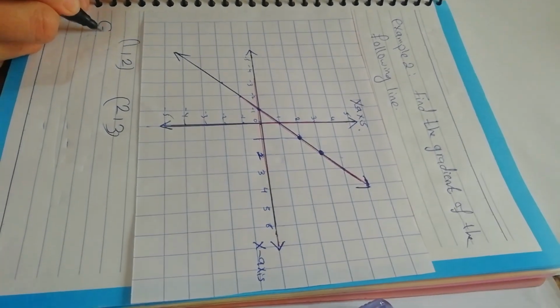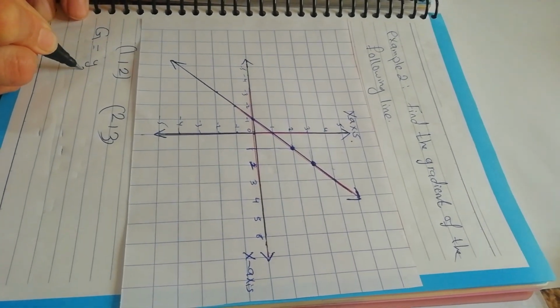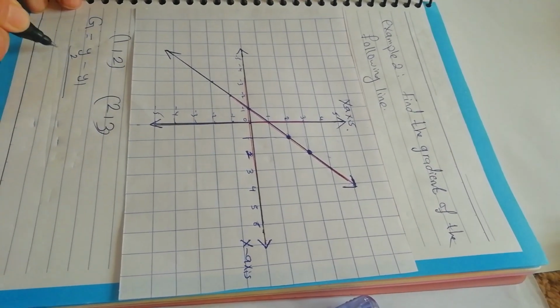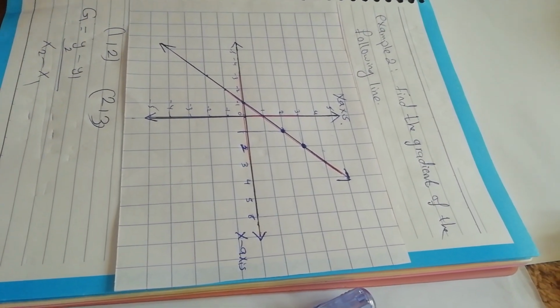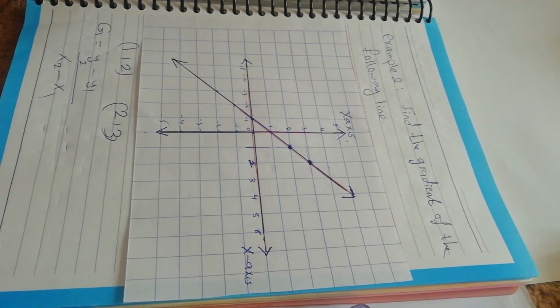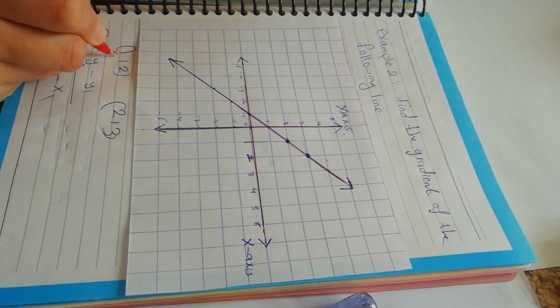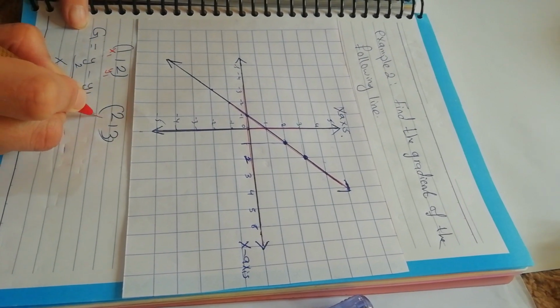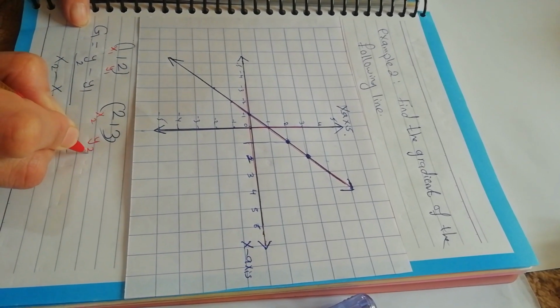Now by using the rule, the gradient is y2 minus y1 over x2 minus x1. How can we know where y2, y1, x2 and x1 are? Here this is x1, y1, and x2, y2.